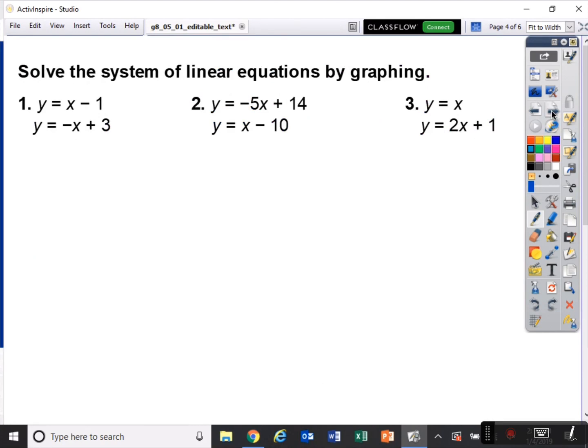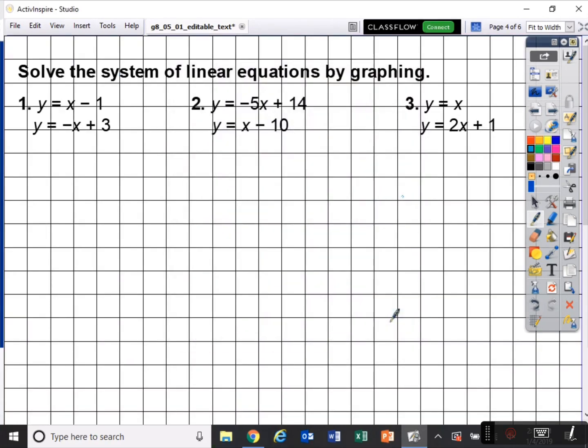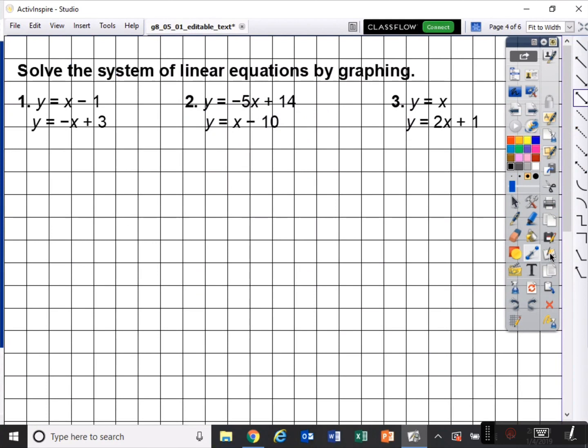Okay, so again, I want you to go ahead and start number 1. If you're not feeling comfortable yet, go ahead and work this one with me as well. But at least on number 2, I want you to press pause and try it yourself, and then check your answer with mine. All right, number 1. Go ahead and put my graphs up.